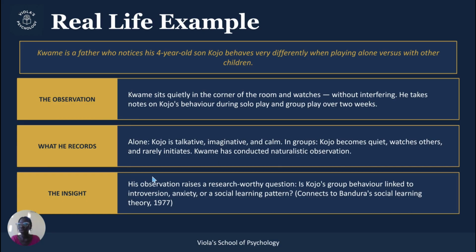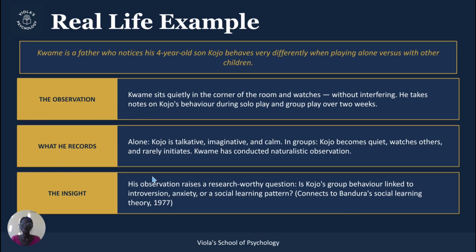Bandura claims, and it's empirical, that his theory says that children learn behavior by observing others, not just by being taught. So now he is going to definitely follow the 6 psychological steps, of course, using his son as a phenomenon to get to a conclusion.